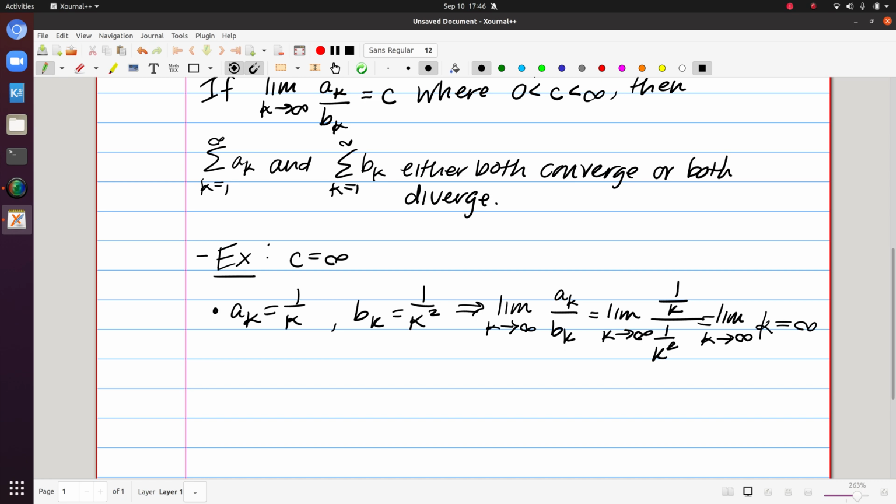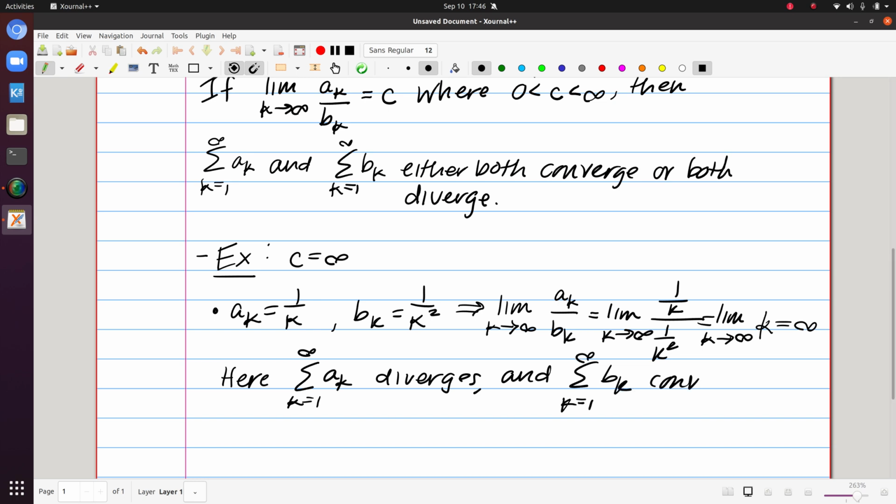In this instance, we ended up comparing two series that behave very differently. Here, the sum of the a sub k's diverges, right? That's the harmonic series. And the sum of b sub k converges. That's a p series with p equals 2, strictly greater than 1.